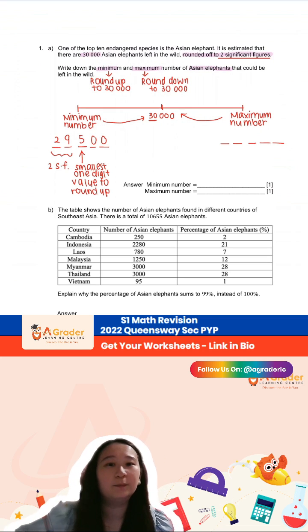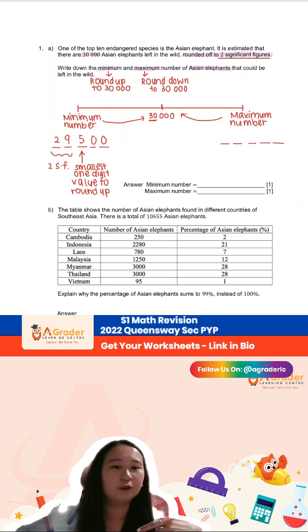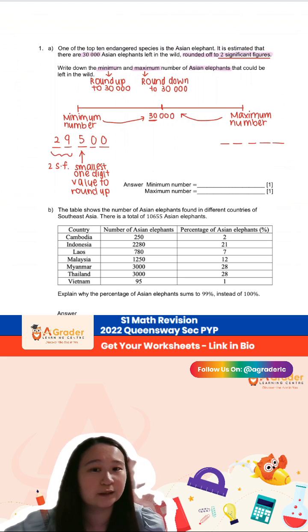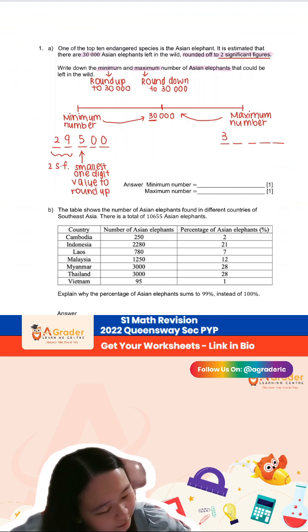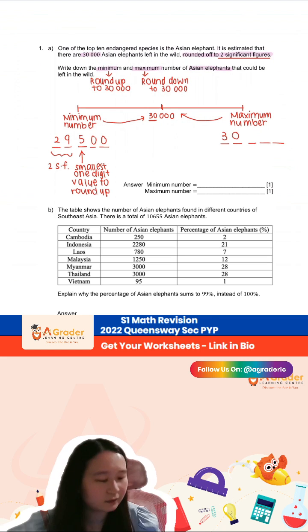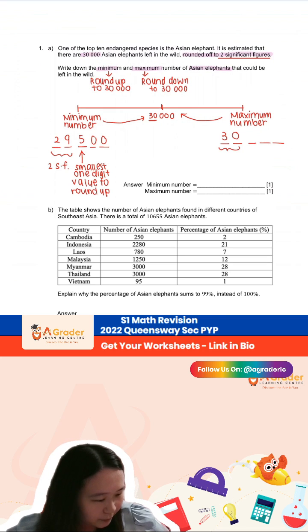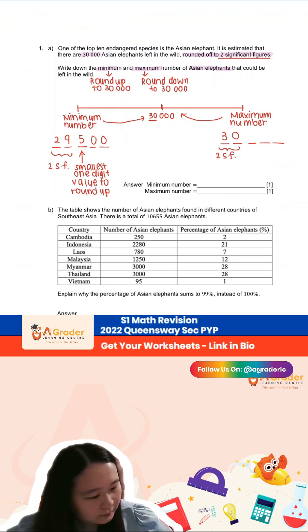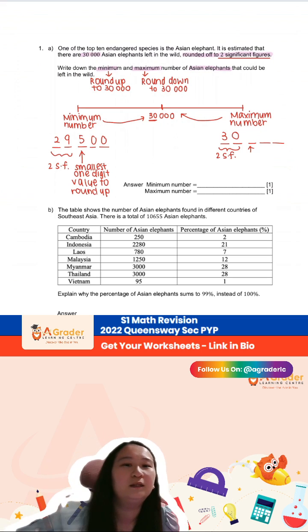For my maximum number, it is rounded down to 30,000. Usually for rounding down, we drop the digits behind and change them to 0. So the first two digits, the two significant figures, are still 30. And this will be the digit that affects round up or round down.